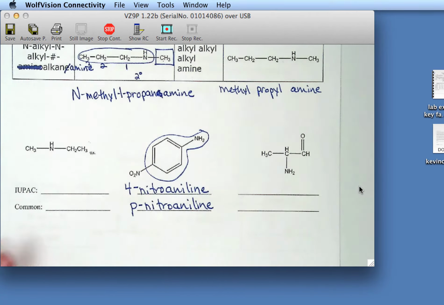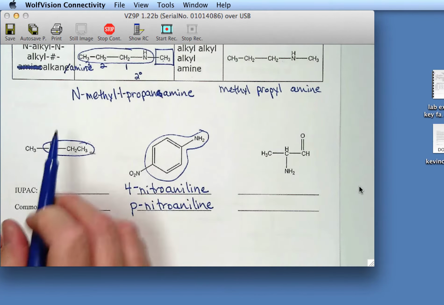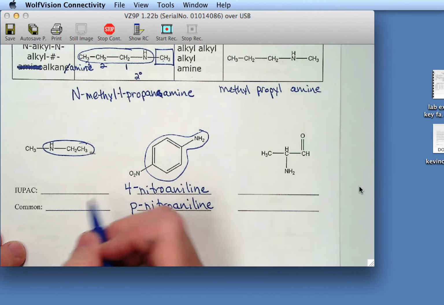Okay, this first one, which do you want to do first? Common or IUPAC? IUPAC. Okay, longest continuous chain of carbons? 2. So, ethanamine?